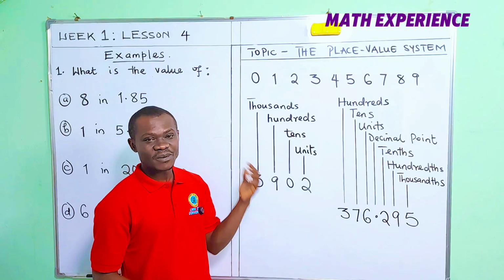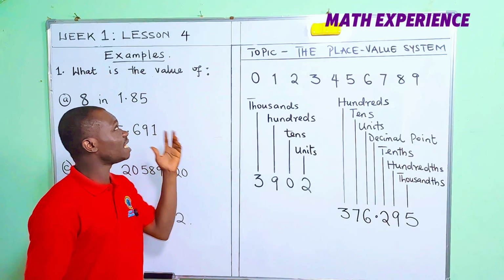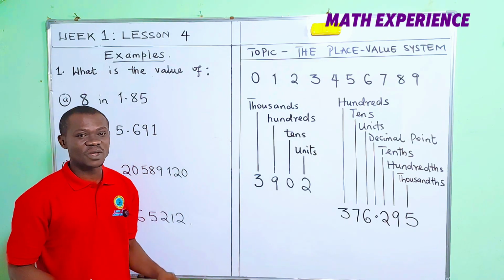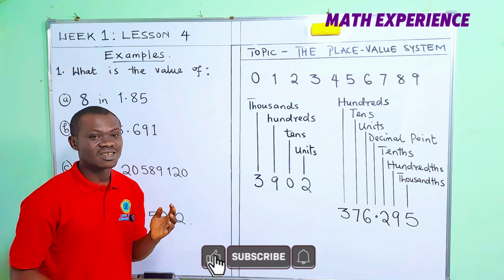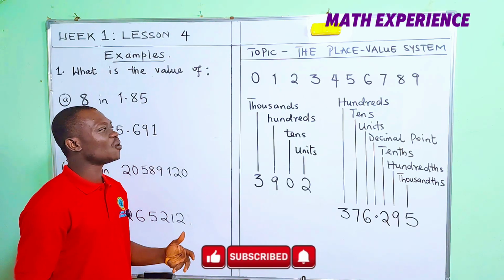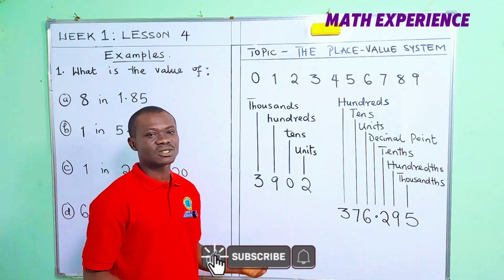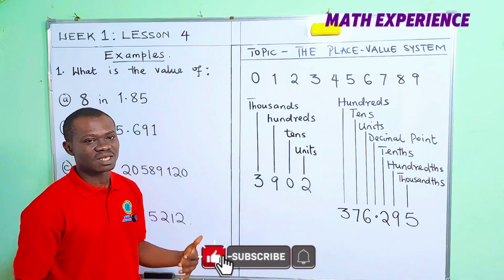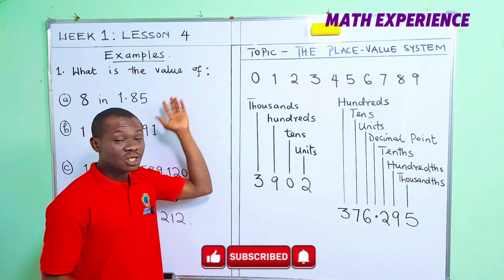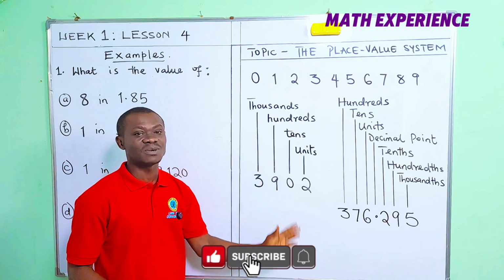Okay, so remember that we are currently in lesson 4 of week 1, which happens to be the last lesson for the week. I believe you have followed us through the beginning topic, the revision of some of the things you saw in primary school, some of which we are actually doing now.